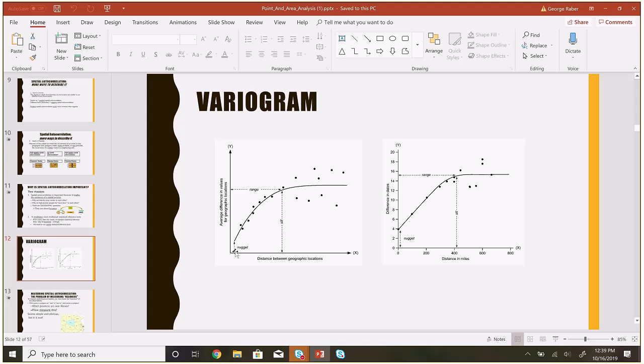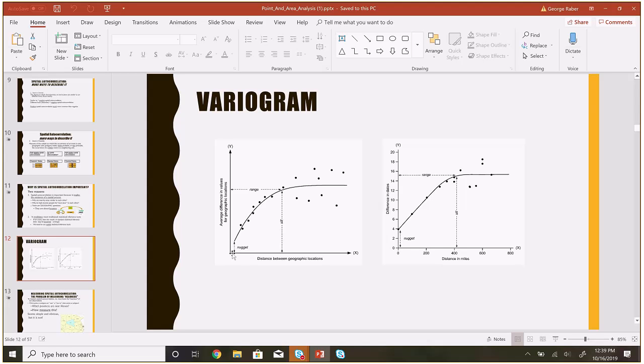What usually happens is that this graph is more useful for telling you at what distance spatial autocorrelation breaks down and is no longer an important factor.